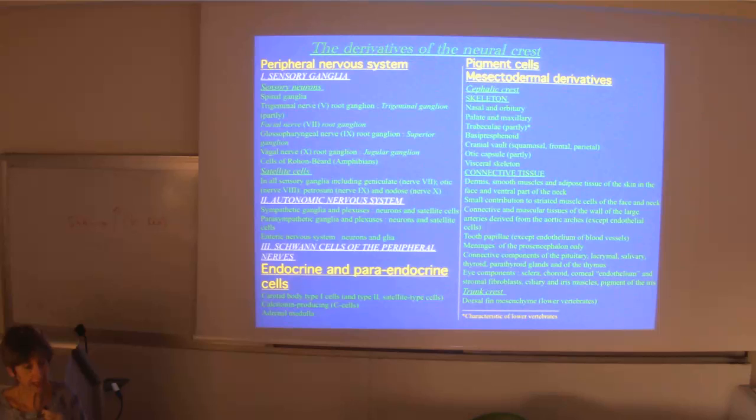In these cranial sensory ganglia, all the satellite glia derive from the crest, and in some of them, some of the neurons come from the crest, and in others, the neurons come from a different source, which is called the placodal ectoderm. The placodal ectoderm is a thickening of the ectoderm, of the skin, which will generate neurons that will then join the ganglion and form different neuronal cell types.